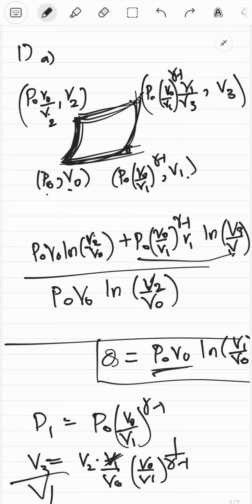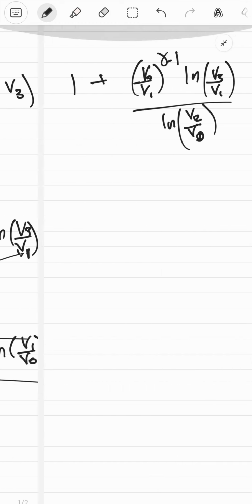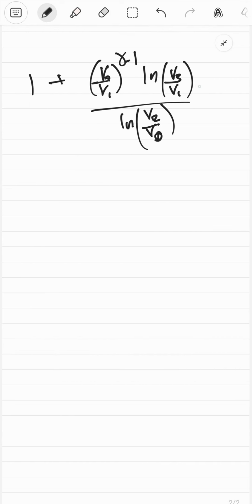Right, so just v3 upon v1, which is v2 upon v0, and then this whole v0 upon v1 power gamma minus 1. That ain't nice. v0 upon v1 power gamma minus 1 is certainly not a nice thing. Can't you have v2 in terms of v1 somehow? Also you should probably have a v1 over there.